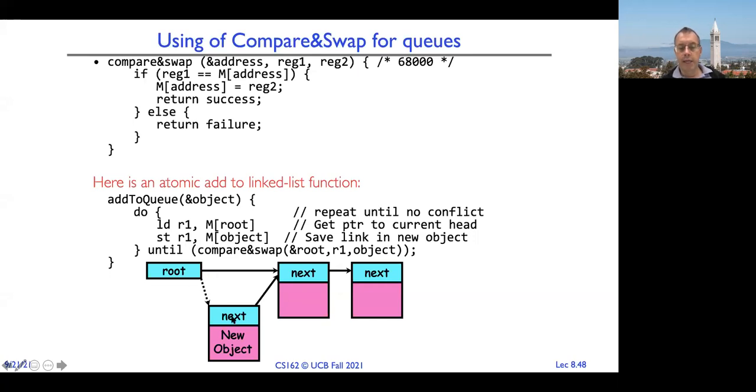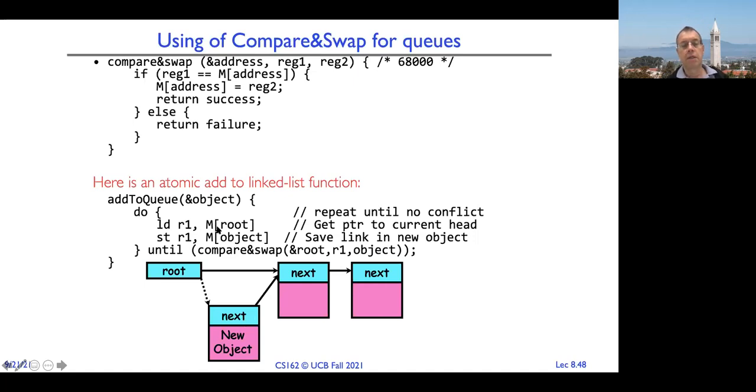And then, what you do is the following thing. You set the next object to point to the first element in the queue, this one. Okay, this is what you do.